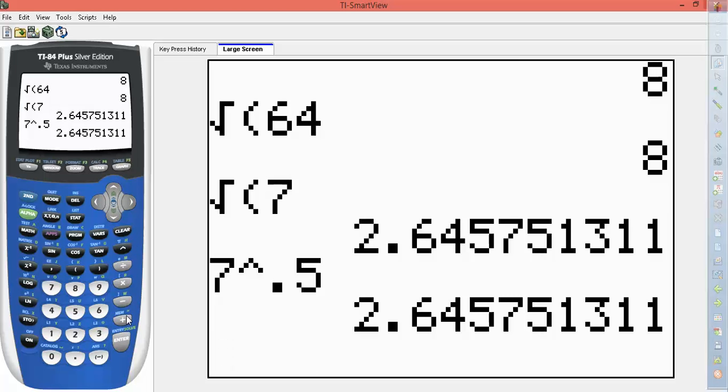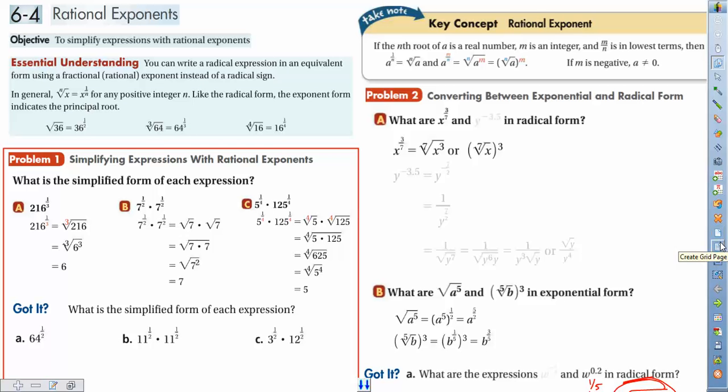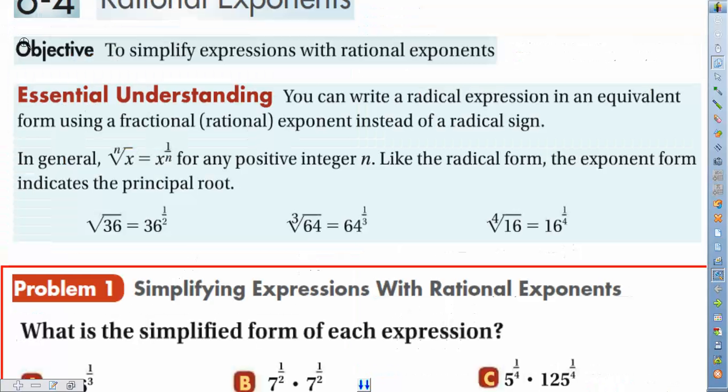So that's rule number 1: we can take radicals, like square roots, and rewrite them using exponents. The first essential understanding is that any nth root can be written as a power of 1 over n, for any positive integer n.